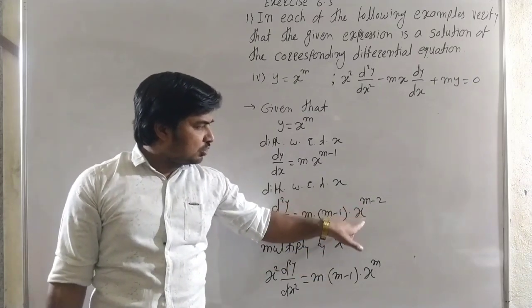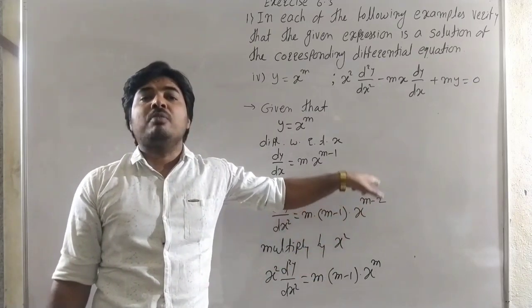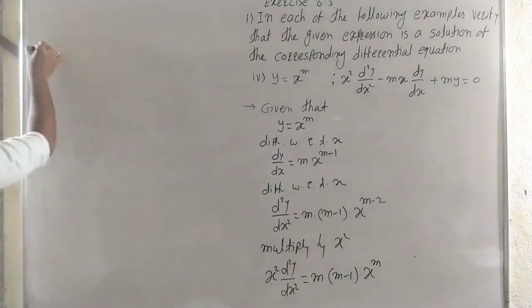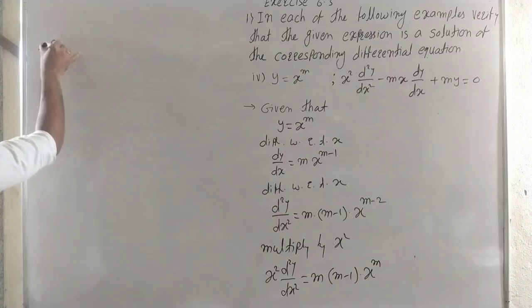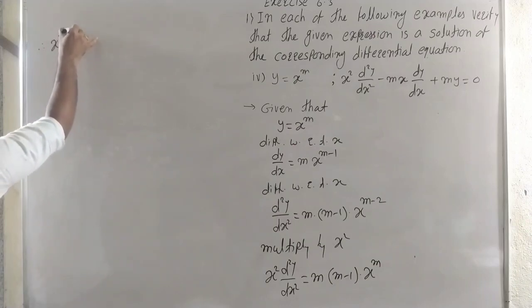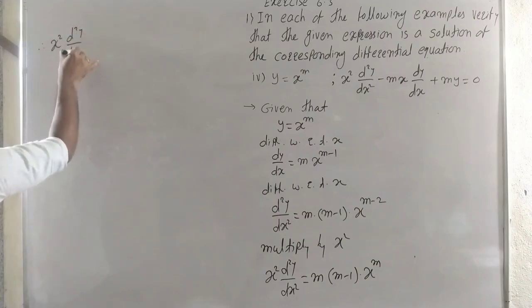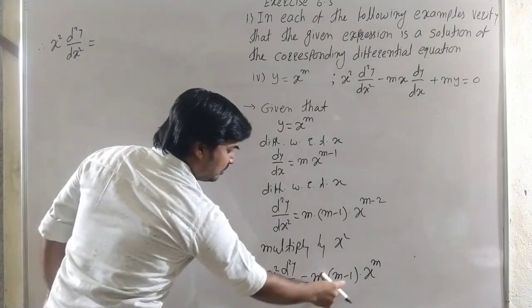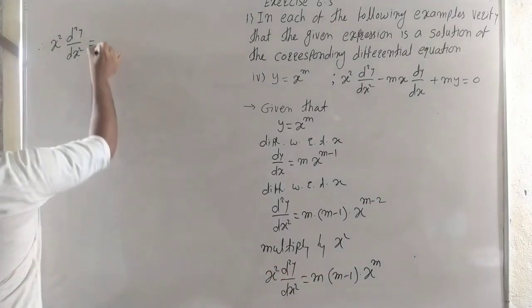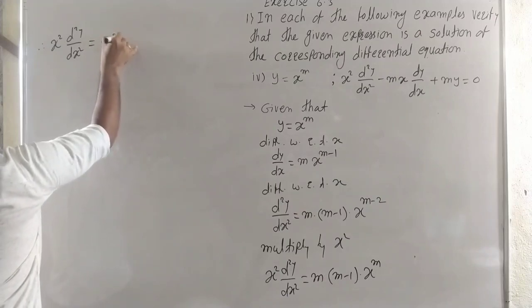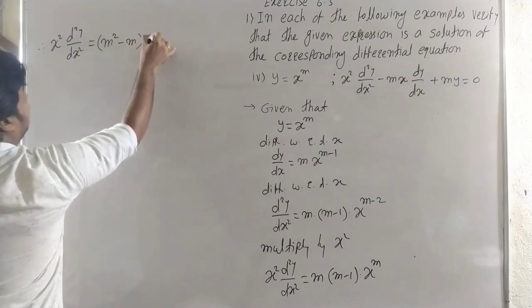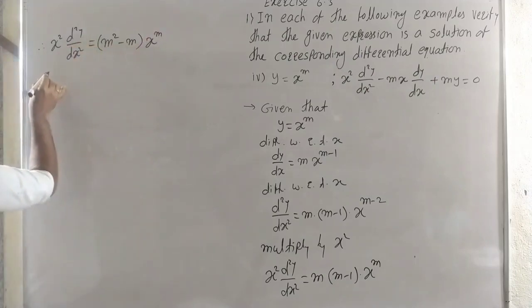When we multiply x square to x to the power m minus 1, we get x to the power m. Now x square d2y by dx2 is equal to m square minus m, only take the calculation, into x to the power m, again multiply.